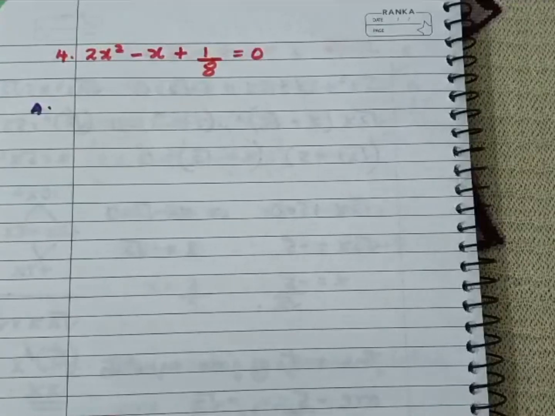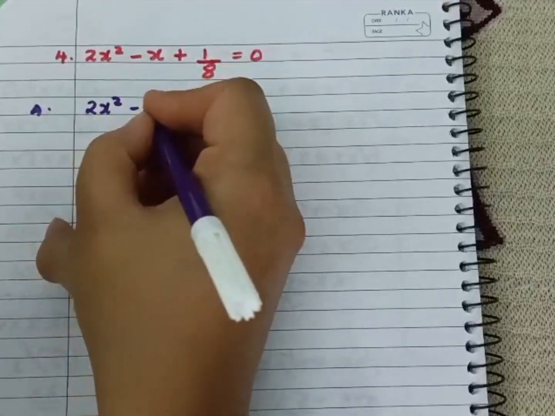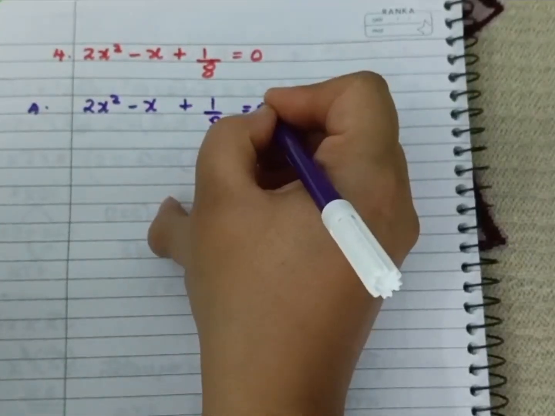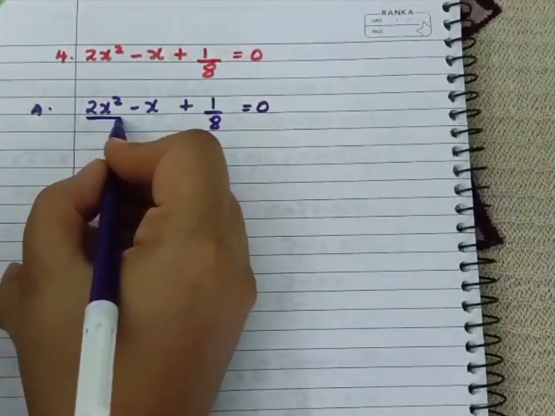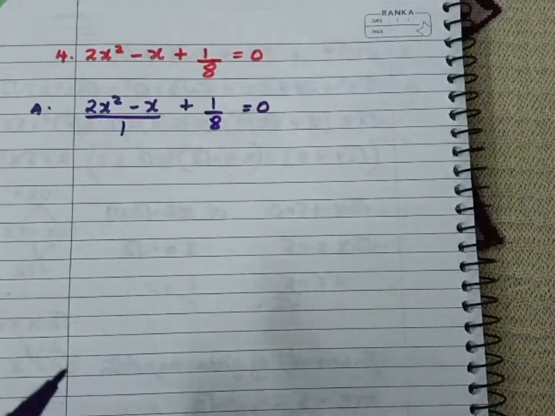So the first sum is 2x square minus x plus 1 by 8 is equal to 0. For this, how we are going to do is, I'm going to cross multiply it.